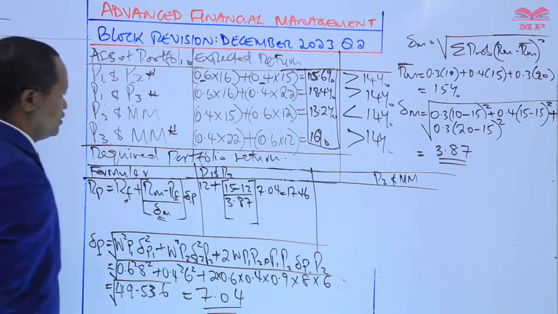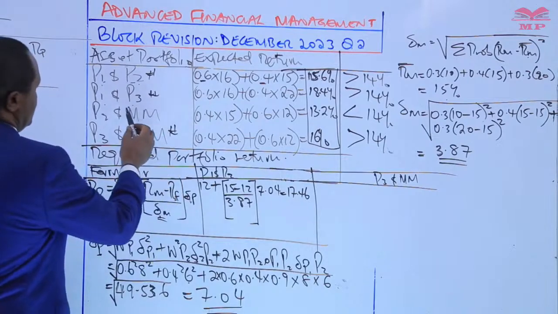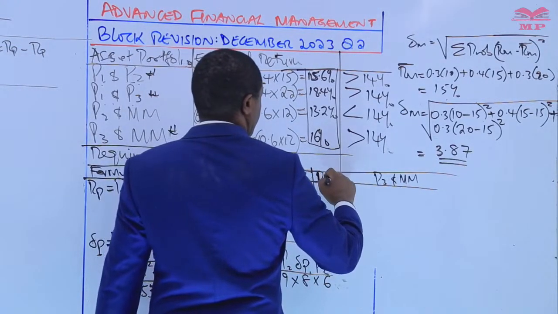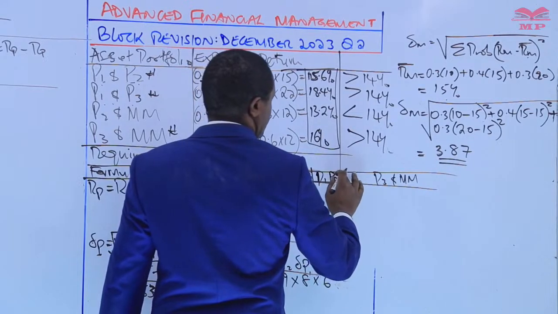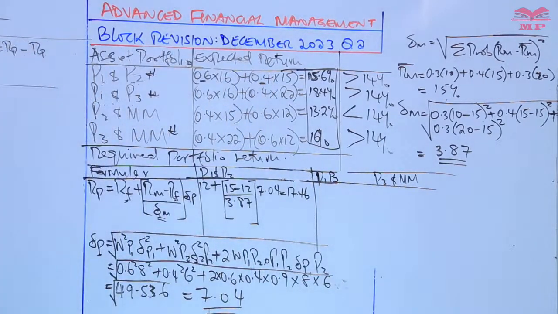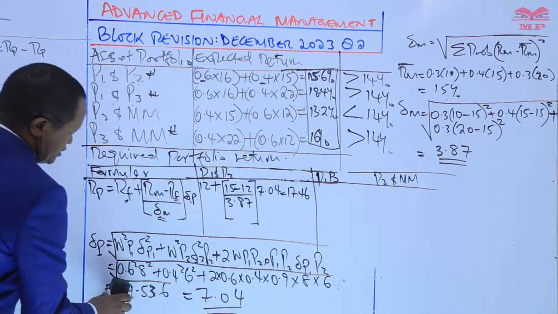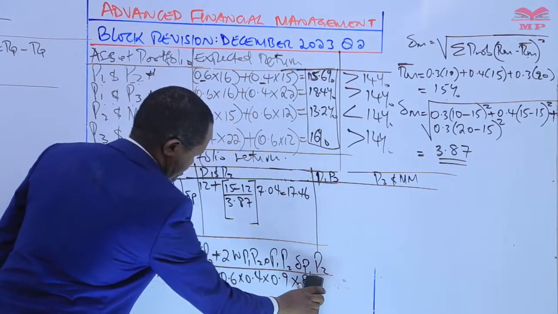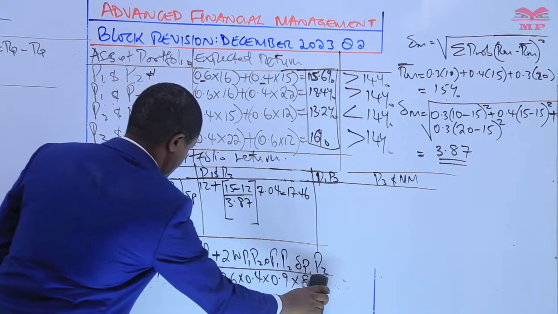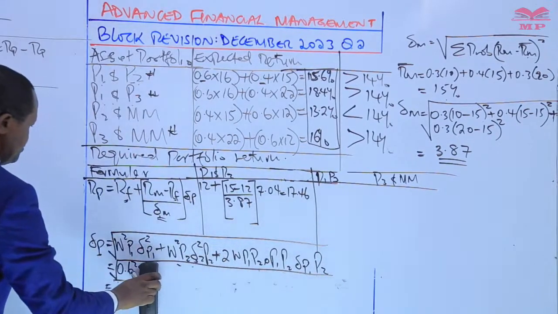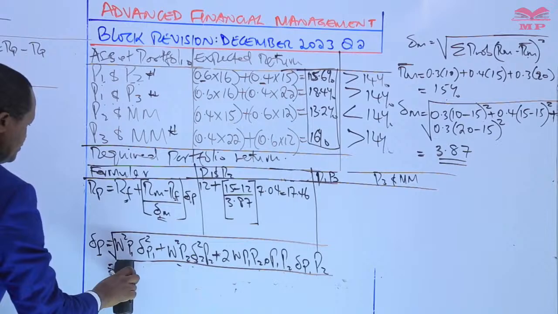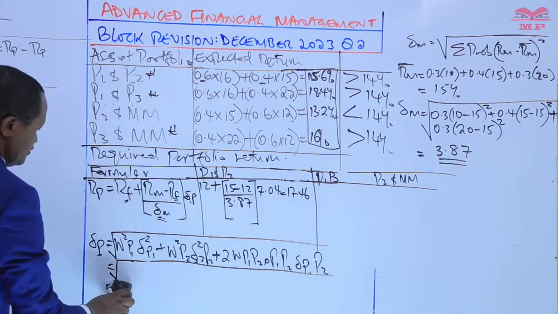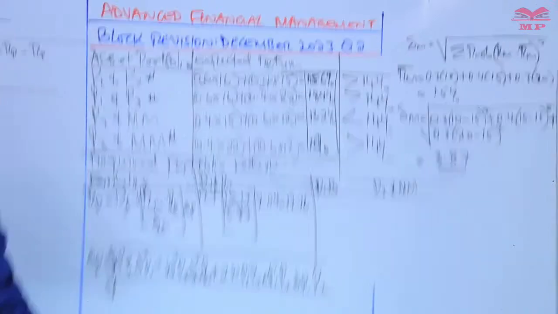We are going to do the same for P1, P3. We are going to use the same formula for standard deviation for the portfolio.